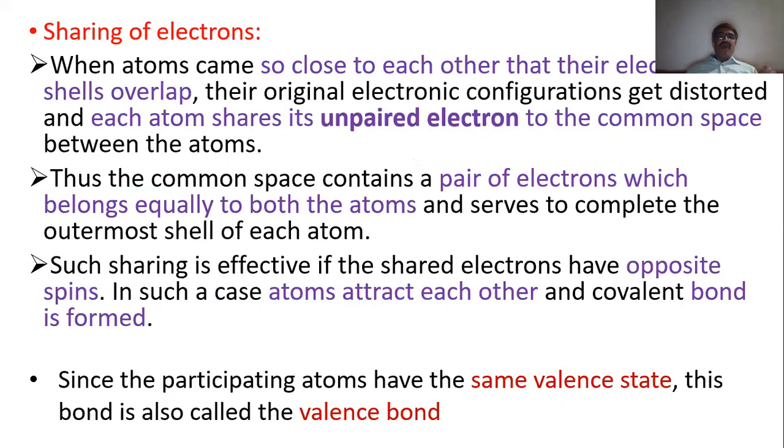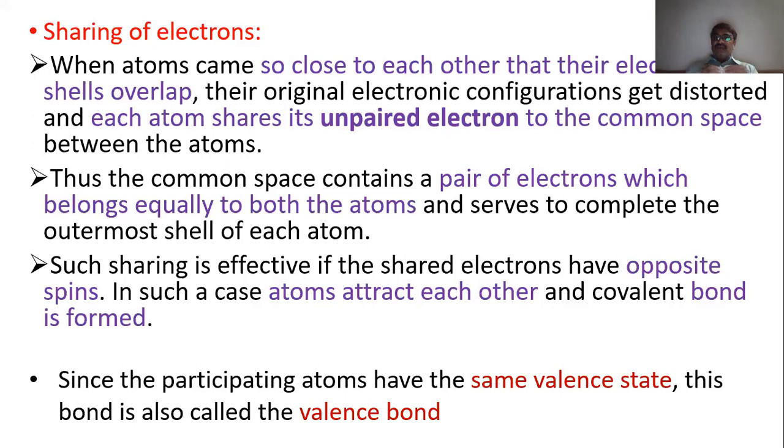Now, how does the sharing take place? What is the criterion behind sharing? When atoms are well separated at a certain distance, there is no possibility of sharing of electrons. But when the atoms become so close to each other that their shells overlap, the electronic configuration of both atoms is distorted, and they share their unpaired electrons in the common space between them.